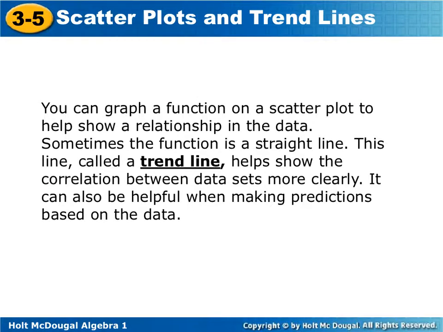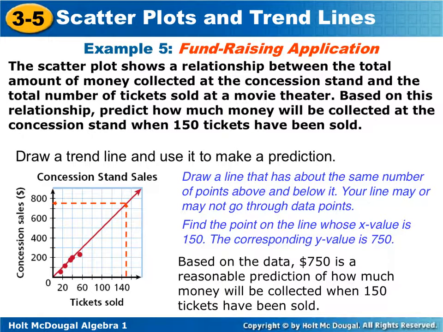Now, sometimes you can draw in a trend line to predict something based on the past or the graph that's been given. Again, you're not trying to make the line go through all of the dots, just a general trend line through as many as possible.